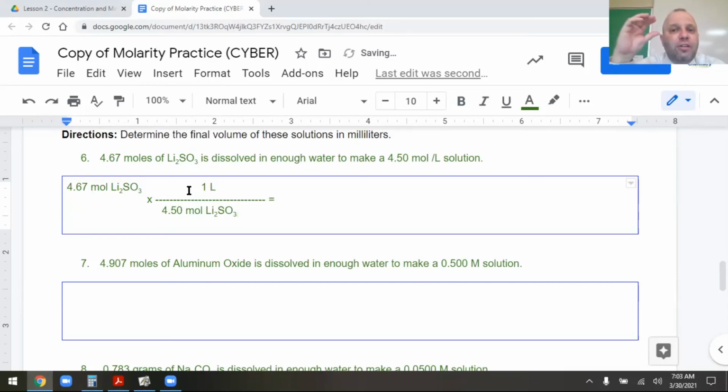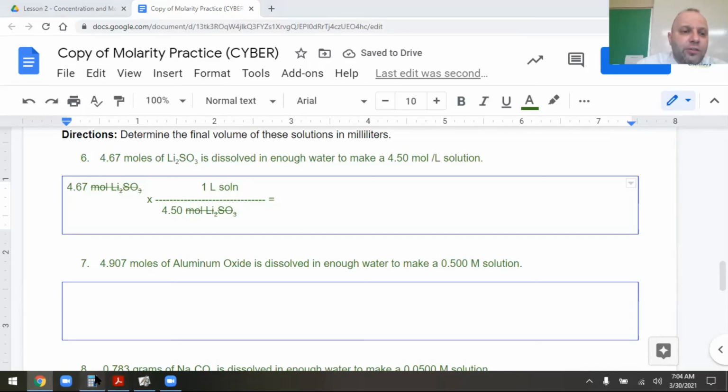So when you have a fraction, 4.50 moles per liter, you can write moles on top and liters on the bottom, or you can flip that fraction and write liters on top, moles on the bottom. You use whichever one will allow you to cross out units. So in this case, because we have to cross out units of moles, we need to put the mole part on the bottom. We'll flip it over and put the liter part on top. So this will be liters of solution.